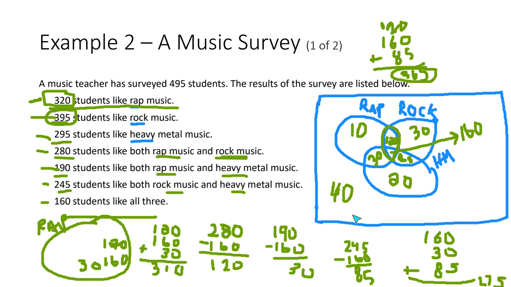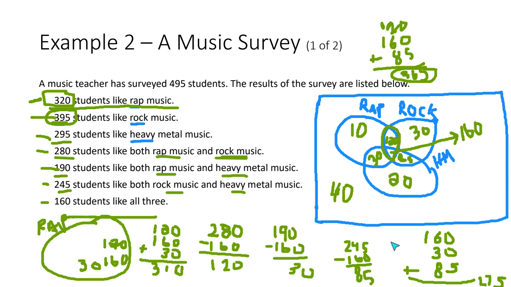How many people only like one of the types of music? So that would be the 10, the 30, and the 20. So that would be 60 people like only one type of music. How many people like both rap and rock only? Okay.